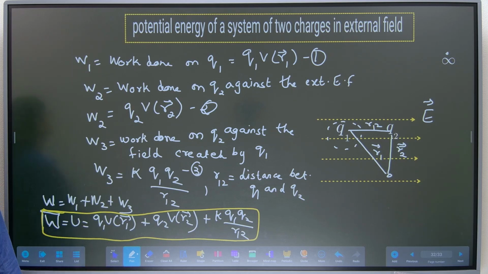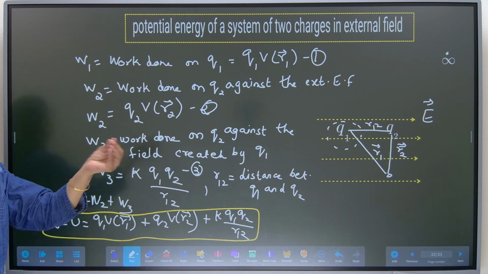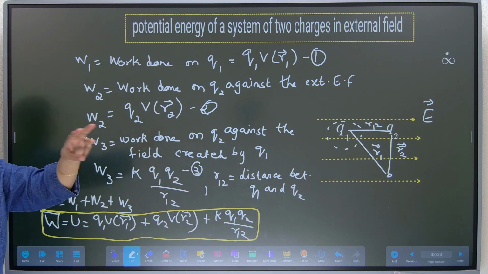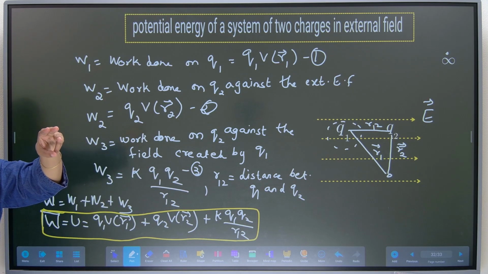Fine. Okay. So if we want to find out the potential energy like this for a system of 3 charges, then another 3 more terms I will have to add.